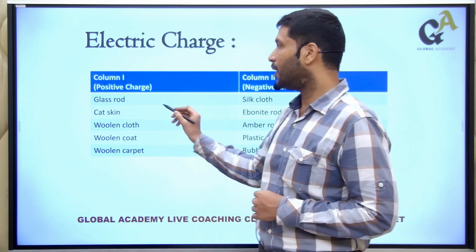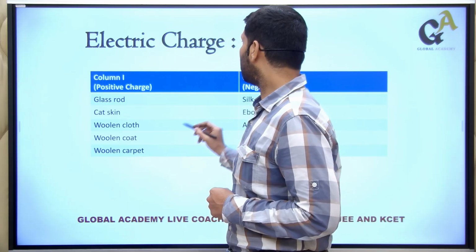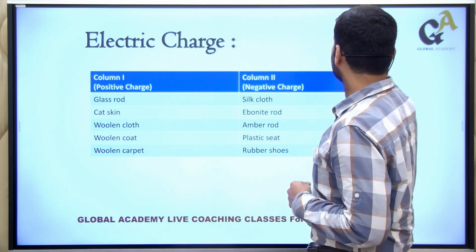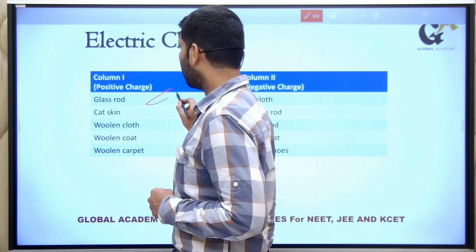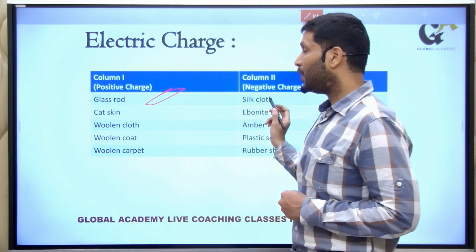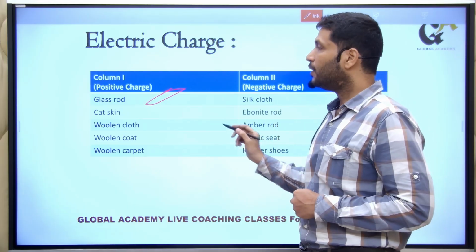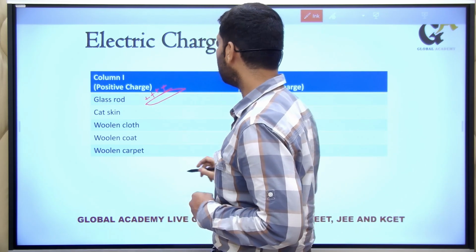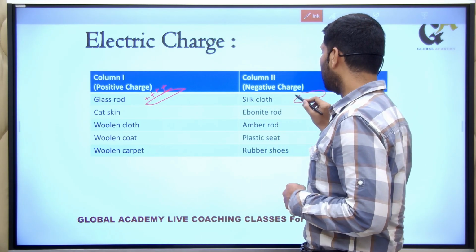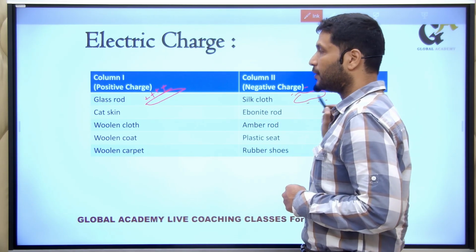So when you consider the glass rod, when you rub it with a silk cloth, at that time the glass rod surface gets the positive charges and the silk cloth gets the negative charges.